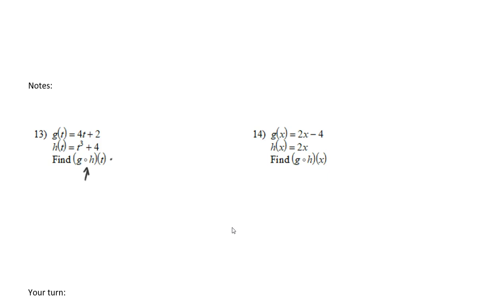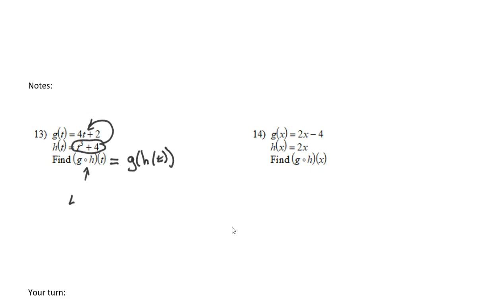You may remember this written a different way. G of h of t. Those two formats are the same way of writing things. It's just written slightly different. So the way I think about this is I'm going to take the h function, which is this function right here, and I'm going to plug it in to the g function.